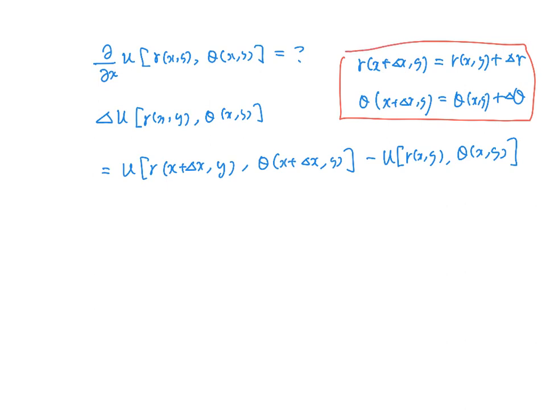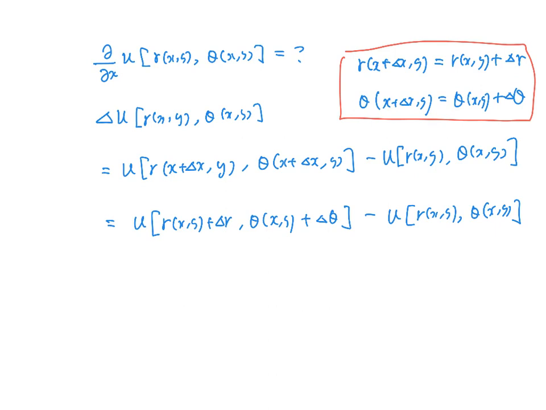Then we can add a few zeros. For example, this is u(r(x,y) plus delta r, theta(x,y) plus delta theta) minus u(r(x,y), theta(x,y)). And then we can add 0 without changing anything.